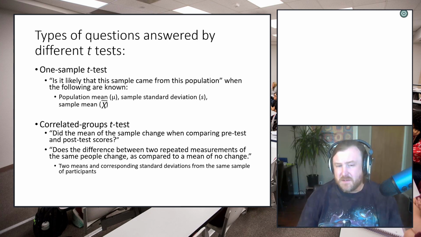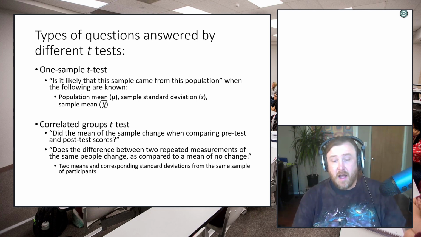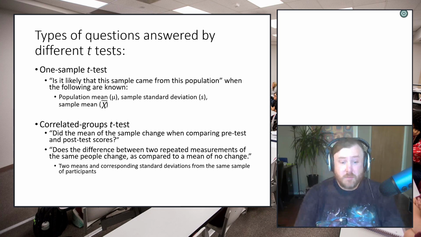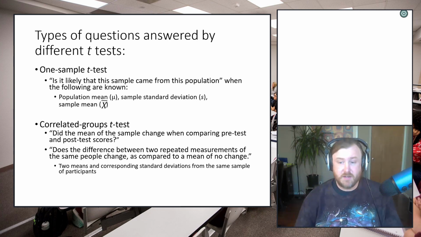Or even more specifically, does the difference between two repeated measures of the same people change relative to a mean of no change or 0? Basically, in order to do a correlated groups t-test, you need two means, one pre, one post, and the corresponding standard deviations from both measurements.